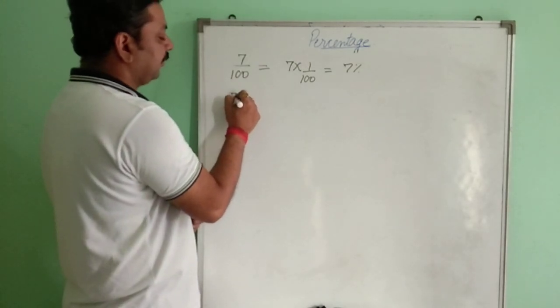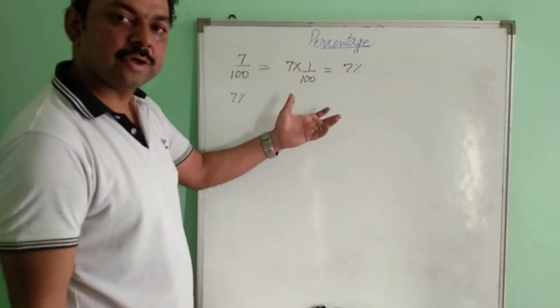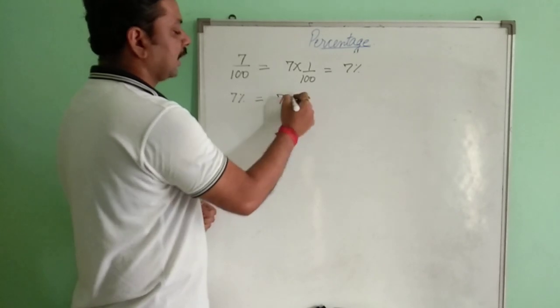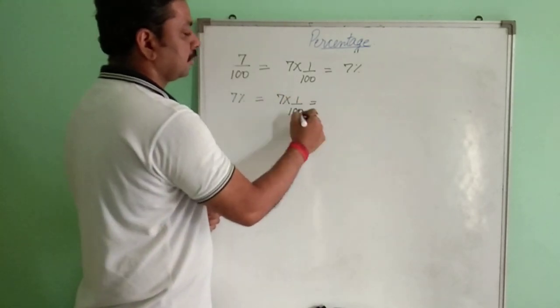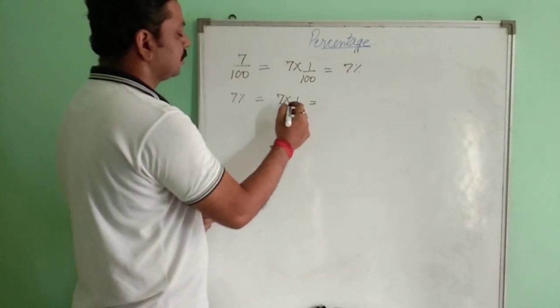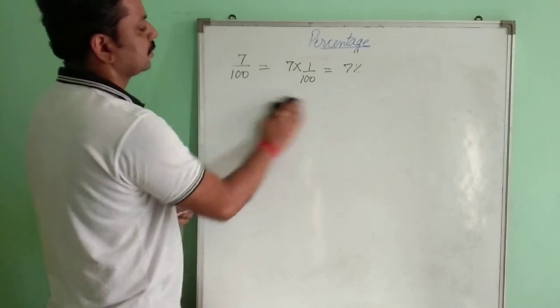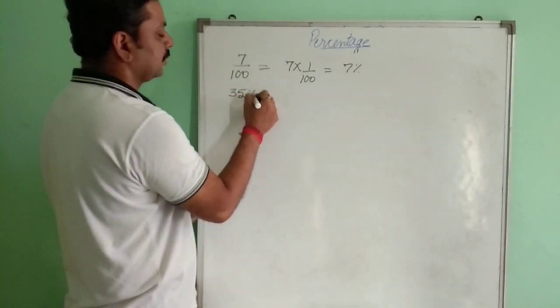Then if you have 7%, you need to convert it into a fraction. For example, if you have 35%, clear?